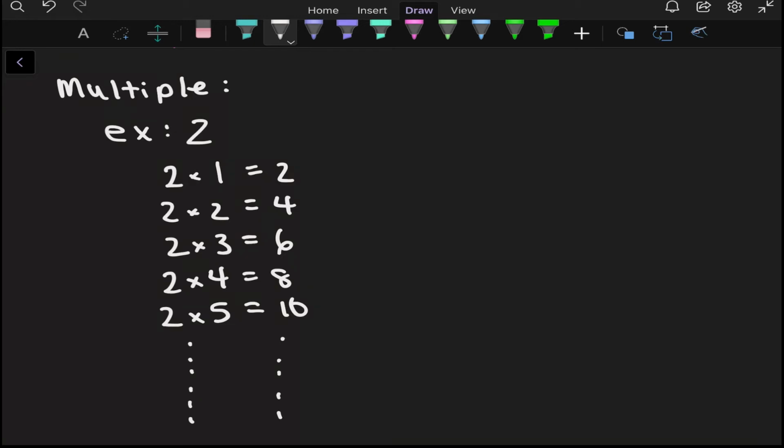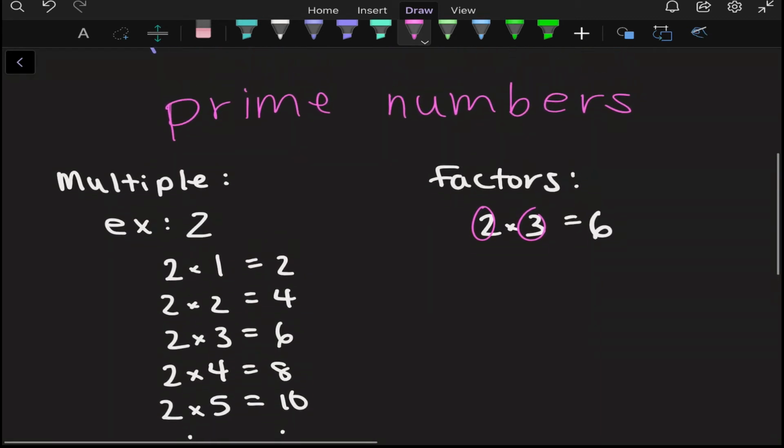On the other side we have factors, and factors are numbers that we can multiply together to get another number. For example, 2 times 3 equals 6. That means that 2 and 3 are both factors of 6.